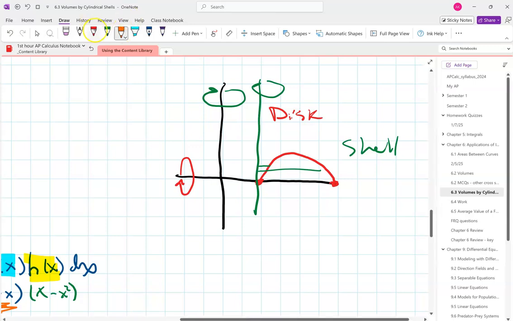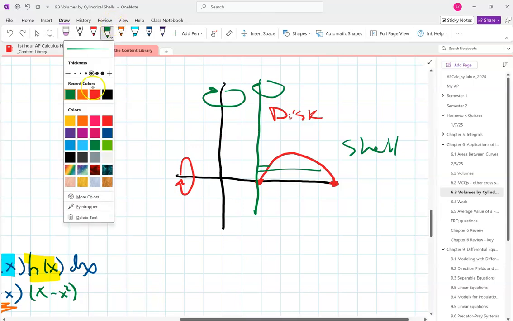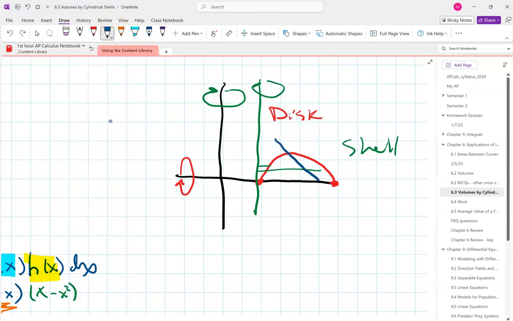So if this instead was, I had an extra function like this going on in here, now that's a washer problem, right? If my region is this thing, let me use a different color. Now that's a washer problem because the inner radius and the outer radius correspond to two different functions.